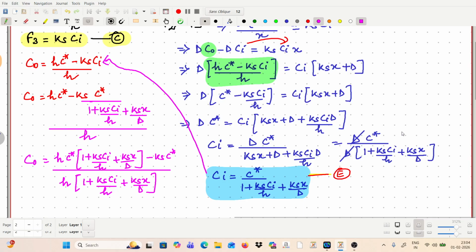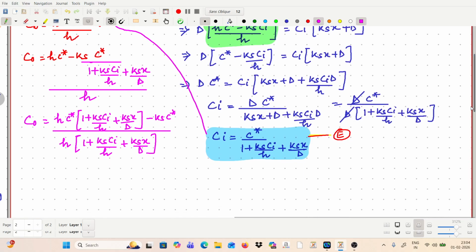So what we can write, H C star, and this one is KS CI. So this one will be cancelled by KSH. Is it okay or no?